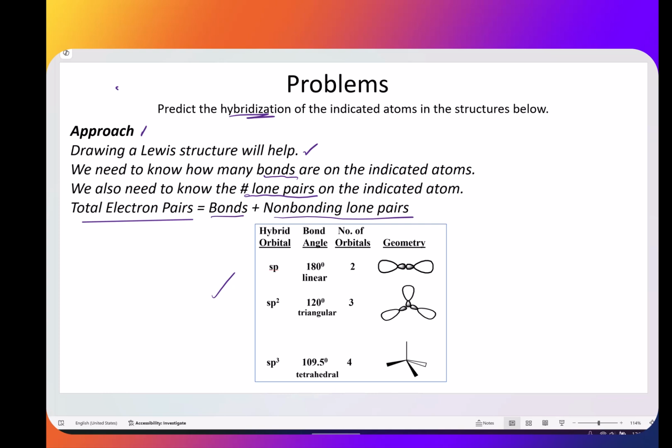An atom that has sp hybridization only contains two orbitals. And remember, when we combine an s and a p orbital, we get an sp orbital, and we end up with the same number of hybrid orbitals as atomic orbitals that we started with.